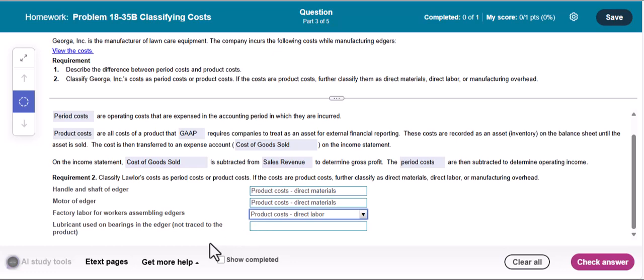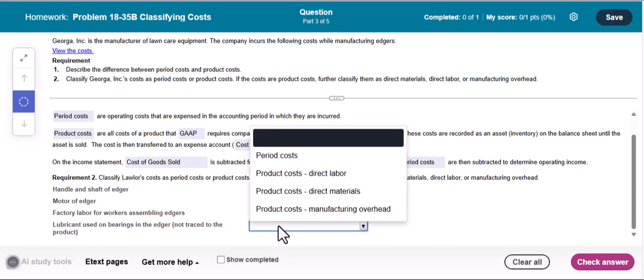And then we have the lubricant used on bearings in the edger, not traced to the product. So what they're telling us is they are not specifically measuring how much lubricant is used on each one because it's not economically feasible. It's too expensive. So this would then be an indirect material. Now, indirect materials is not on this list, but those fall under manufacturing overhead.